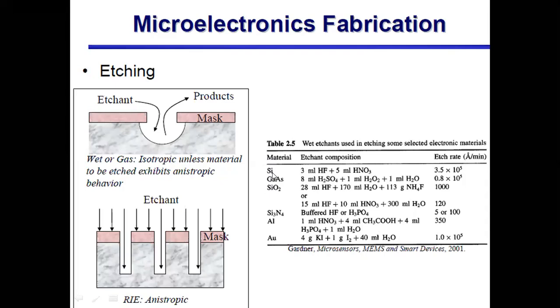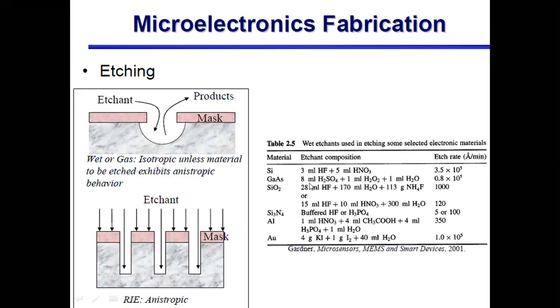The materials are silicon, gallium arsenide, silicon dioxide, silicon nitride, aluminium, and gold. And these are the etchant compositions. If you want to etch silicon, the composition of the etchant is 3 ml hydrofluoric acid plus 5 ml nitric acid. With this etchant composition, the etch rate would be 3.5 into 10⁵ angstrom per minute.